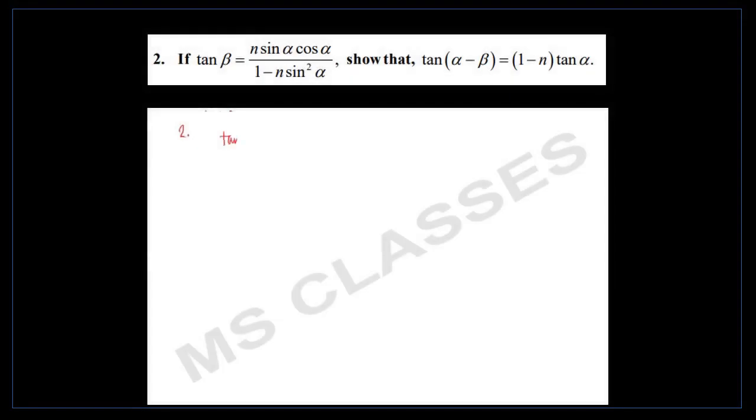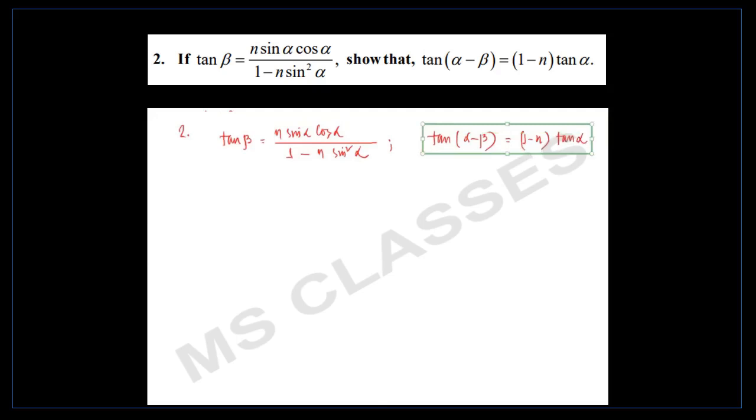Here tan beta is given, that is n sin alpha cos alpha by 1 minus n sin²alpha. And what we have to show is tan(alpha minus beta) equal to (1 minus n) tan alpha. So this is also based on the tan(A−B) formula, which we have to use.